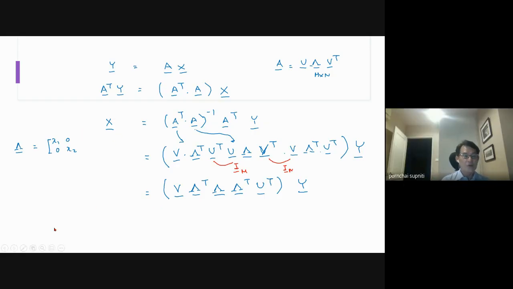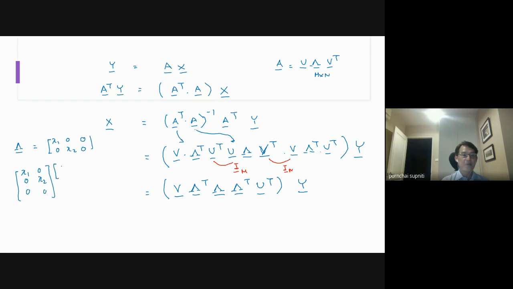Okay, so we can take a look at how this reduces. You can think about 2 by 3, so it is like this. If I multiply lambda 1, 0, 0, lambda 2, 0, 0 with the lambda transpose first, I get lambda 1, 0, 0, 0, lambda 2, 0.